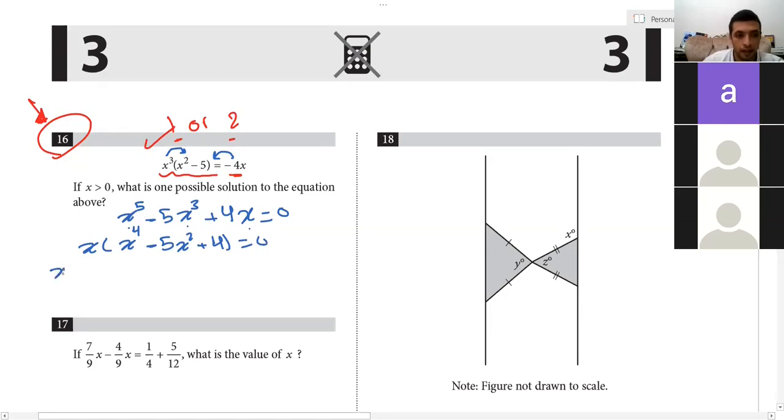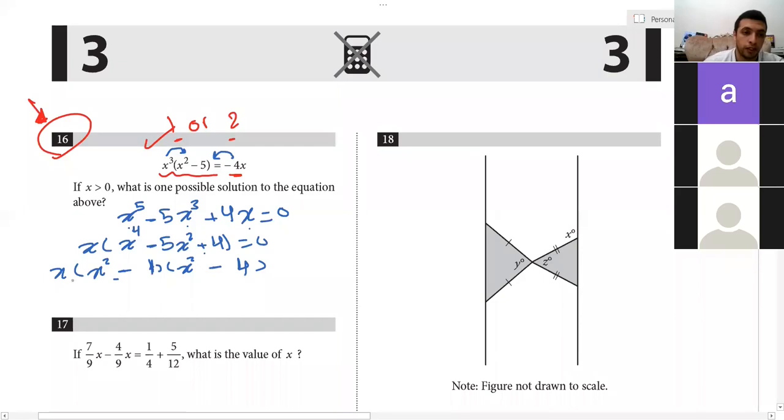Then x, open two brackets. X power 4 is x power 2 times x power 2. Now we need two numbers whose product is 4 and whose sum is 5, which are 1 and 4. 1 multiplied by 4 is 4, and 4 plus 1 is 5. Since the middle sign is negative, both are negative.